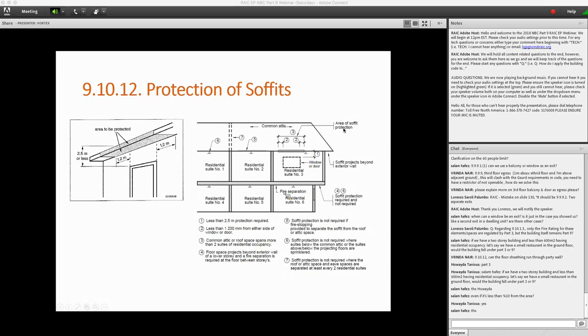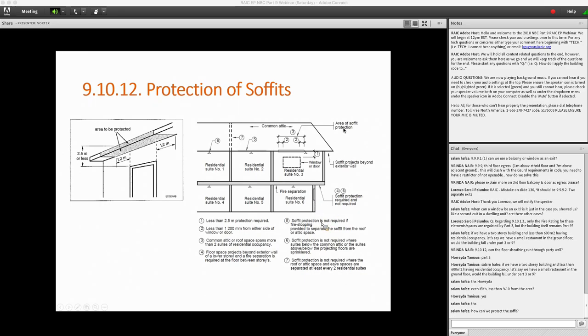Now, where you have a common attic or roof space that spans more than 2 suites of residential occupancy, there is the potential for a fire in one of the residential occupancies to spread to the other occupancy through the soffit. So you also have to protect the soffit.